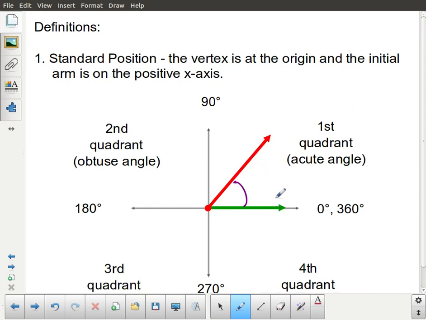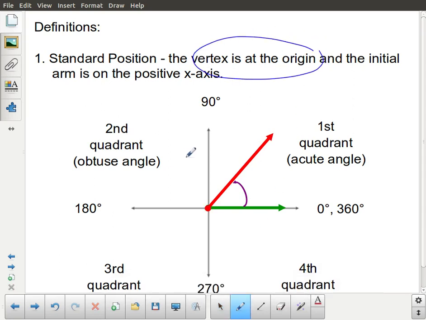In this case, I'm showing it as rotated counterclockwise. And the point of rotation is the origin. So if I were, for example, to take this arrow and continue to rotate it, notice how the base of the arrow is still at the origin. That is a requirement of standard position. So the vertex is at the origin.